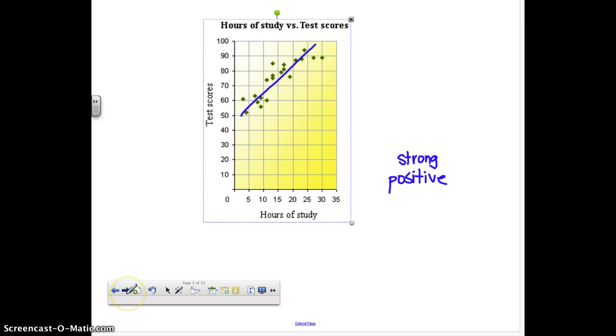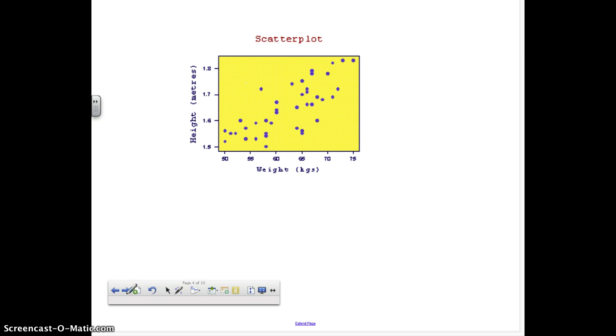Okay. Next one, now let's look at this one, height versus weight. There's definitely a positive correlation here. Definitely positive. As your height goes up, your weight goes up. As your weight goes up, chances are your height goes up. Okay? However, this one's a little bit weaker. And when we say it's weaker, look how far away some of these data points are located off the line.